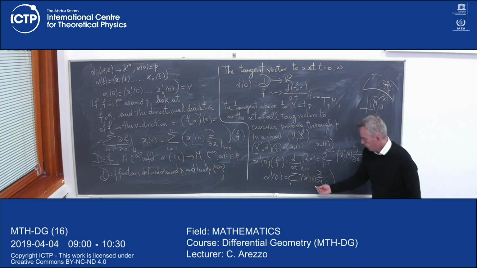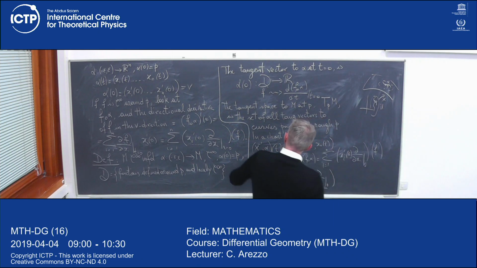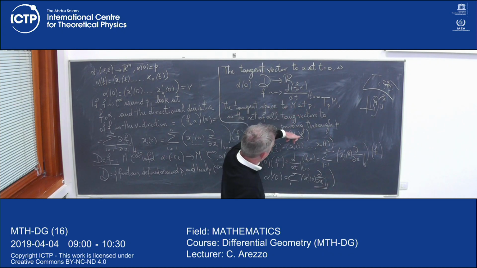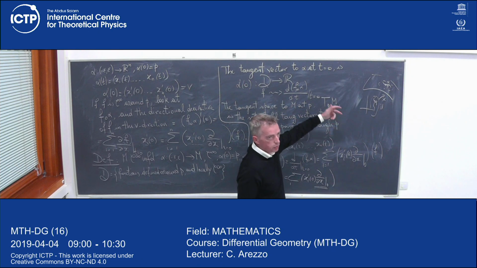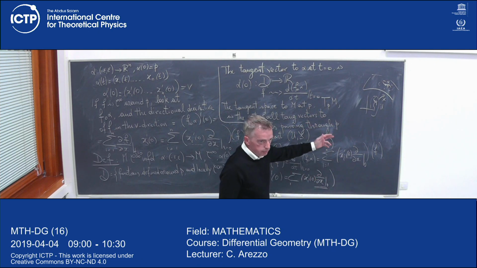Now, the whole point is really convincing yourself that there is something going on here. For example, what does this formula mean? If I take the coordinate curve (t, 0, 0, 0), the first one, then what I get is x1 prime equal to 1, and everything else is 0.